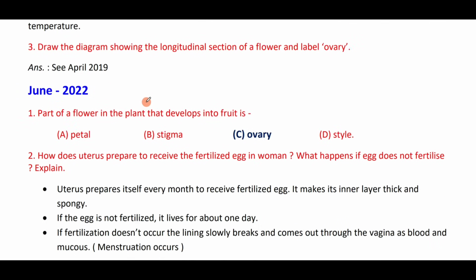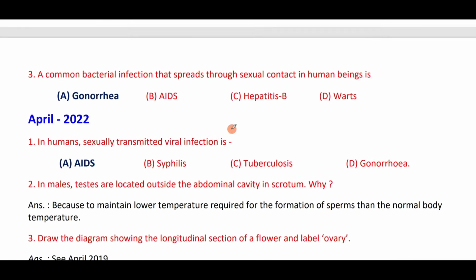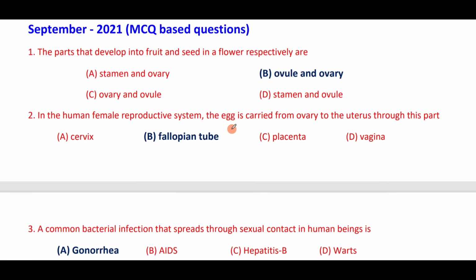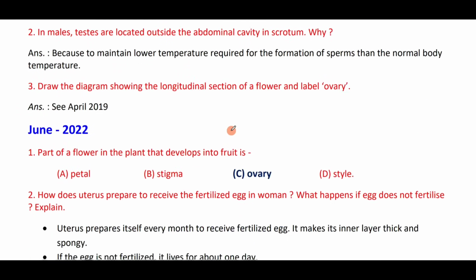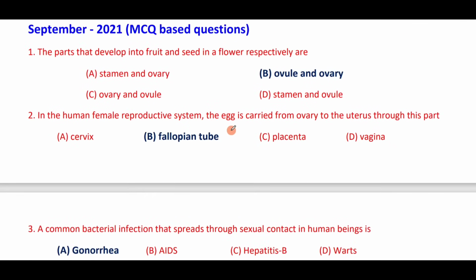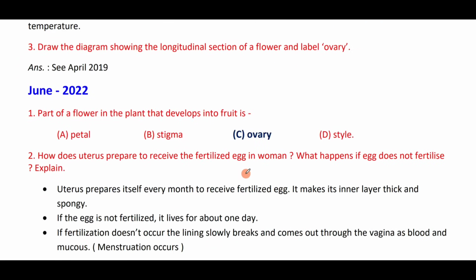LS of flower, diagram for 2 marks, do practice well. The part of the flower that develops into fruit is the ovary. Let me repeat this.